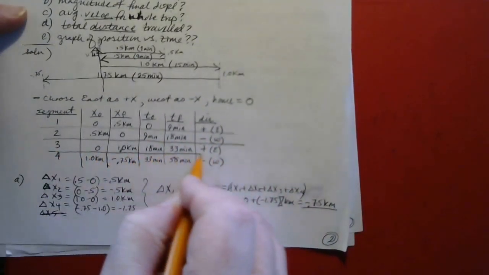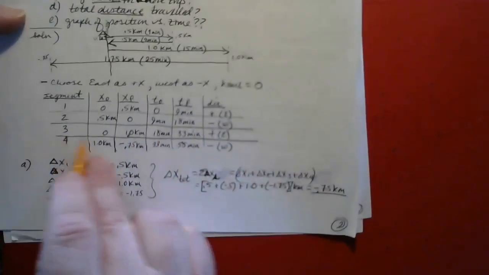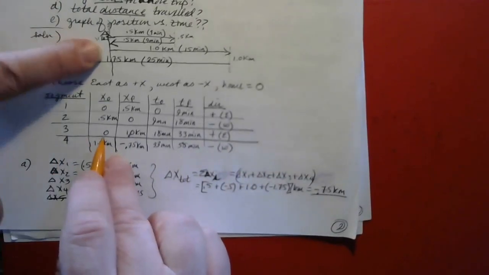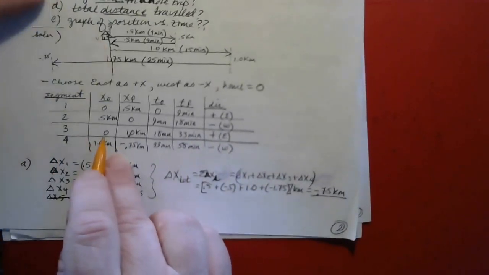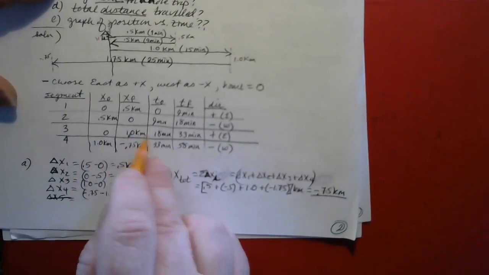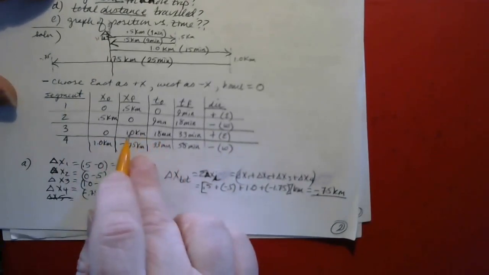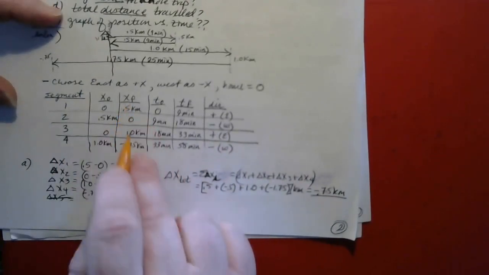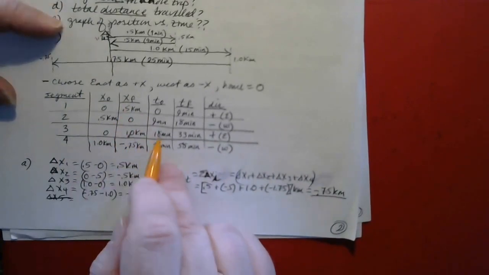For the third segment, she started again at the 0 point, which is home, and she went 1 kilometer. That would be the final point for the third part of the journey.